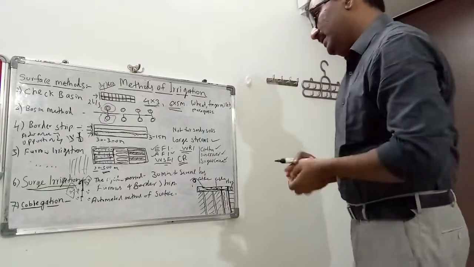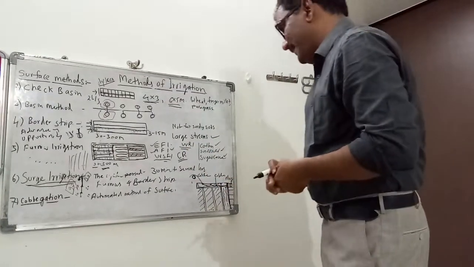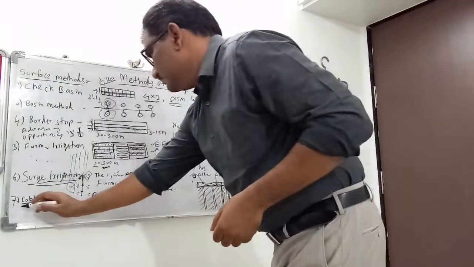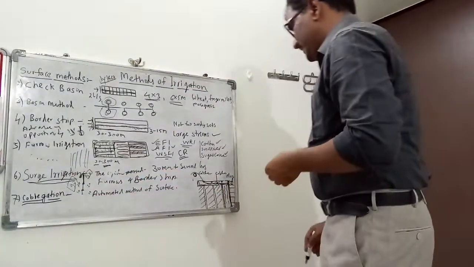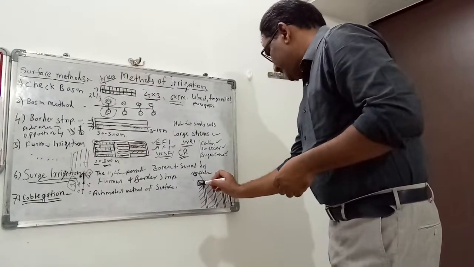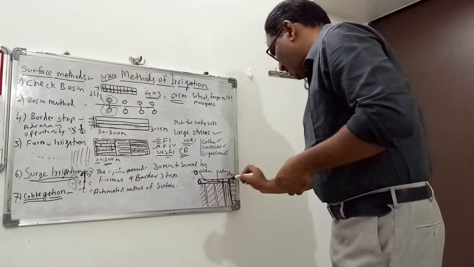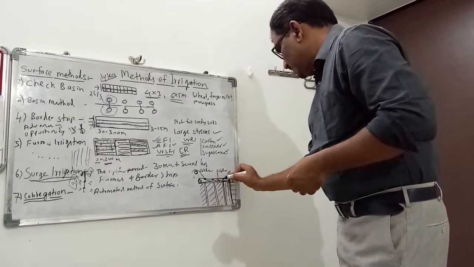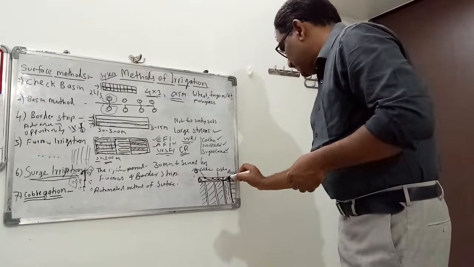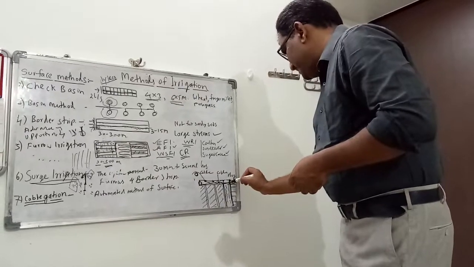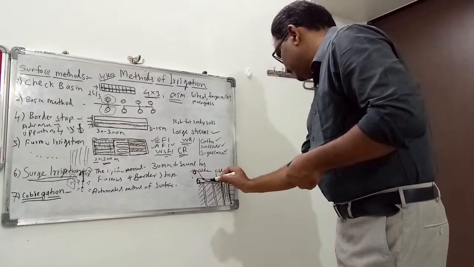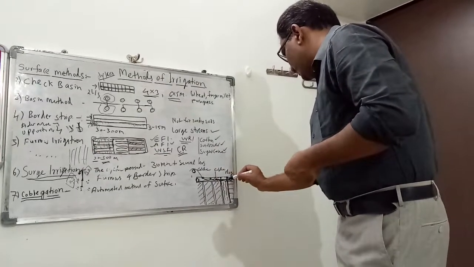Also, the last one is cablegation, which is an automated method of surface application. This is a normal plastic pipe. These are the holes at the upper side of the pipe. Now what will happen? This is the cable which is controlling the movement of this plug.